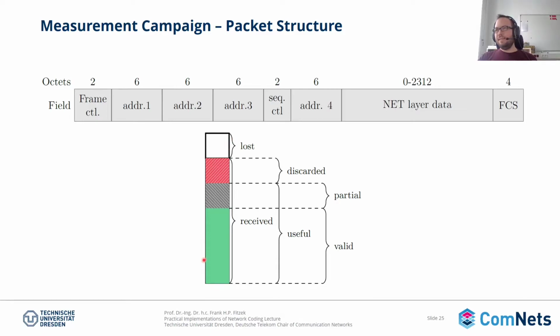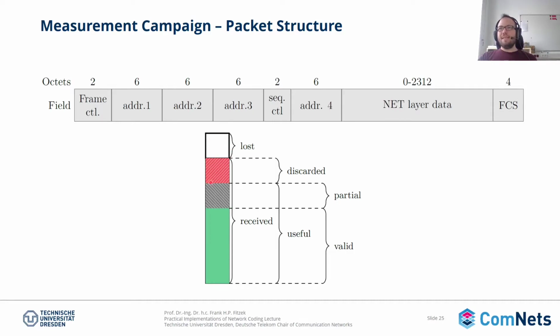So let's say this bar represents all the transmitted packets. Those packets that have errors in the headers could be listened to, but because of these errors in the headers, we were not sure if they were the packets transmitted by our transmitter. So we discarded them. Among all the transmitted packets, we had some packets that were lost, that were erased, they never arrived.